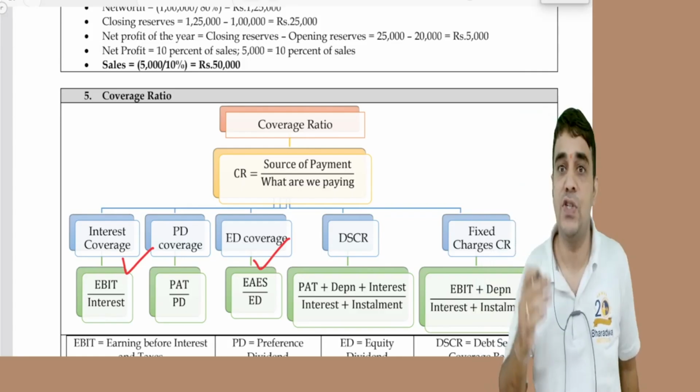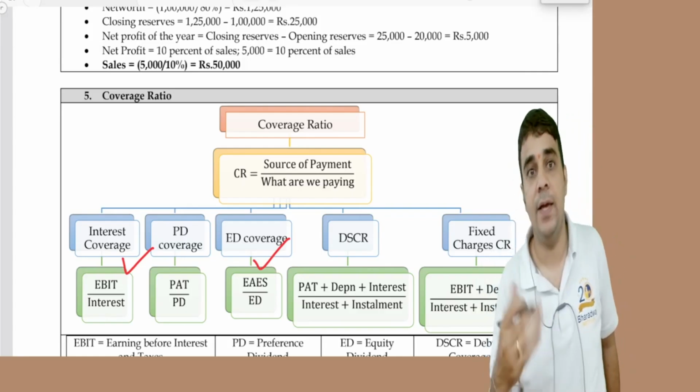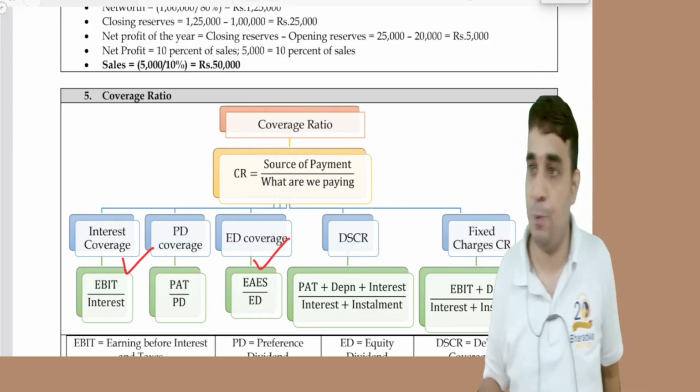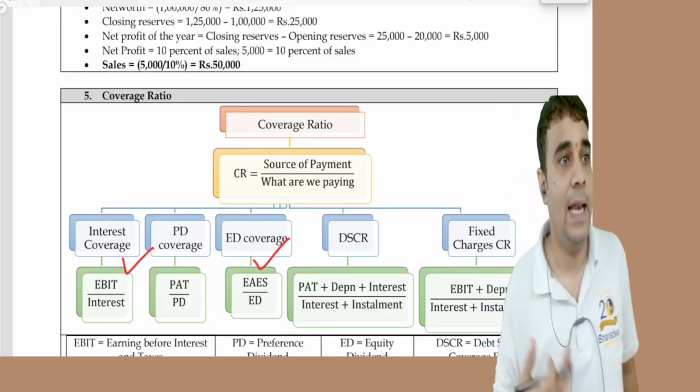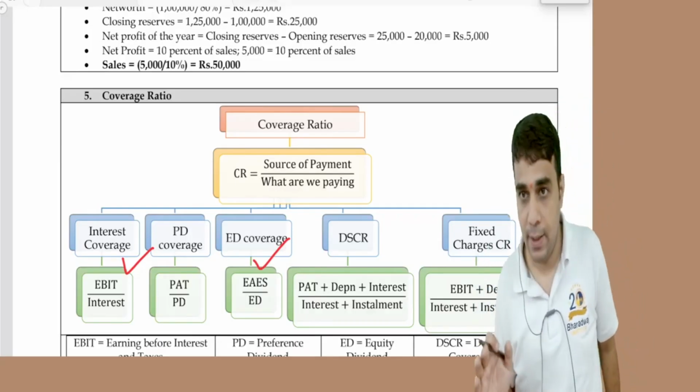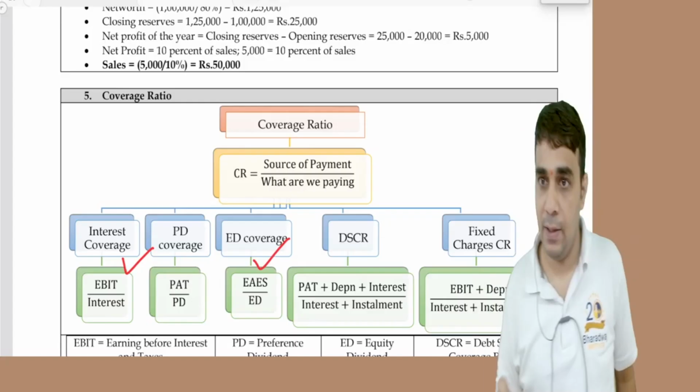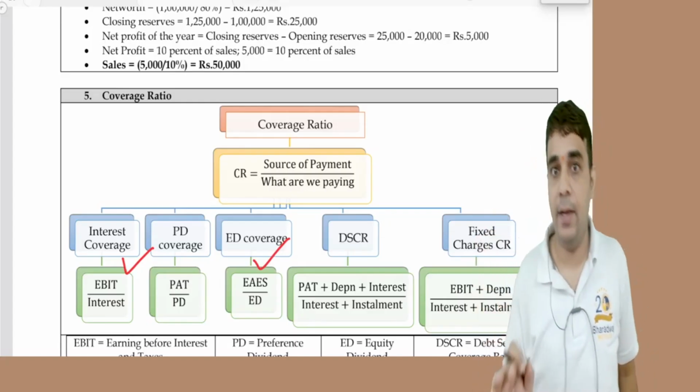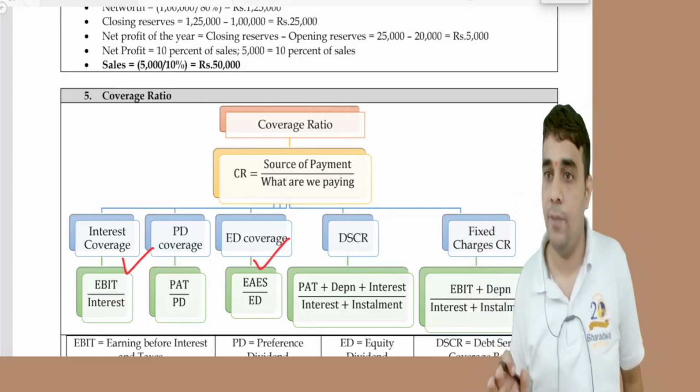Gross profit meets your operating expenses. Higher GP, more ability to pay it. Lower GP, less ability to pay it. Clear? So the higher the coverage, the better. Formula: source of paying divided by what are we paying.